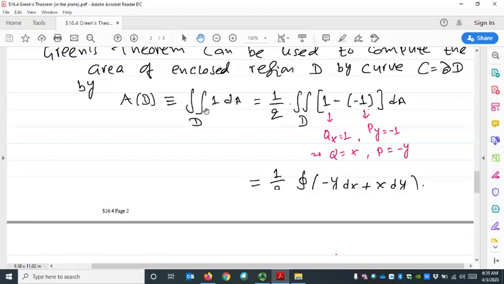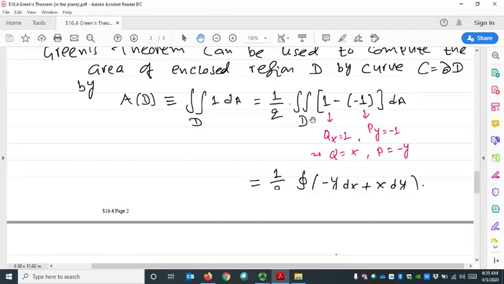So this part is just the formula. Then there is a trick here. 1 equals 1/2 times 2, that is 1/2 times (2 minus 1). We just write this as a trick because I'm comparing it to the right side of our Green's theorem and coming up with a nice area formula in terms of a line integral.